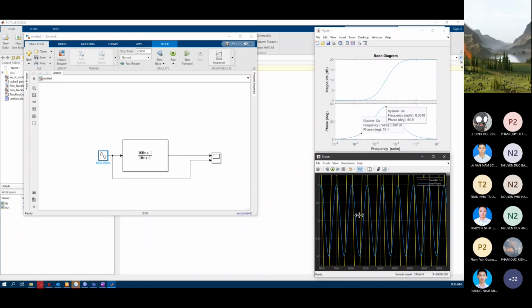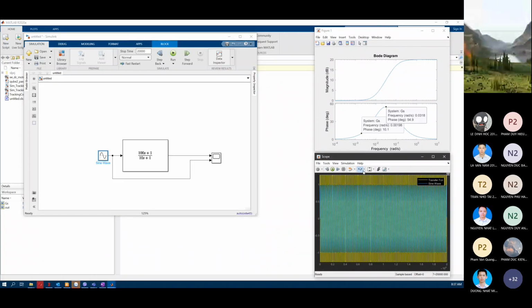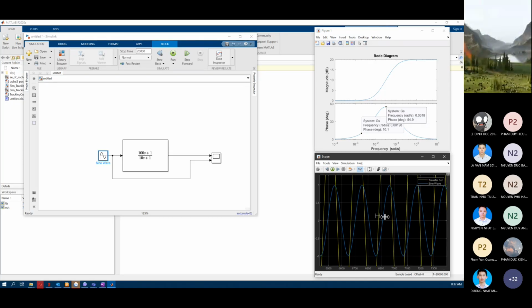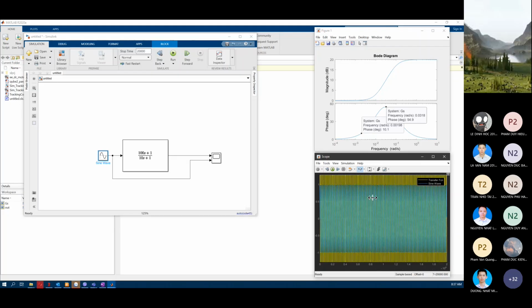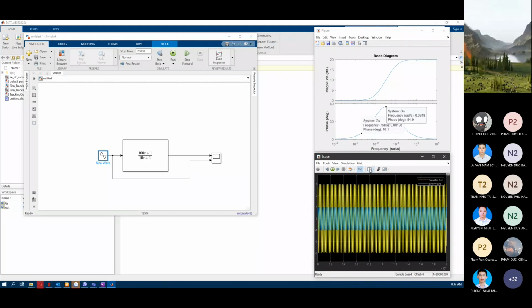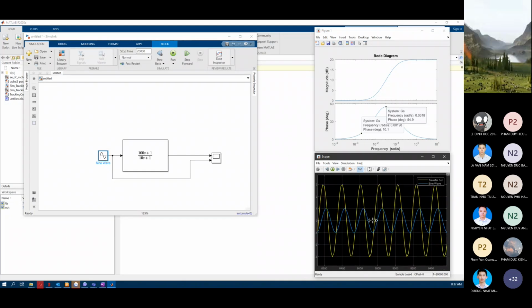This time because the frequency is much higher than before, you see here the phase lead of the output is clearly advanced over the input signal by about 50 degrees, okay, 55 degrees, and how to see it? Yeah, this one. Yeah, that's right.